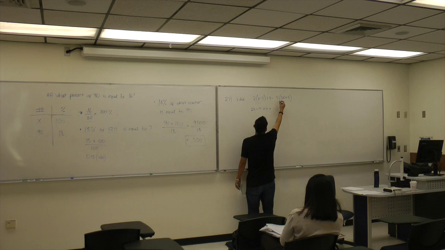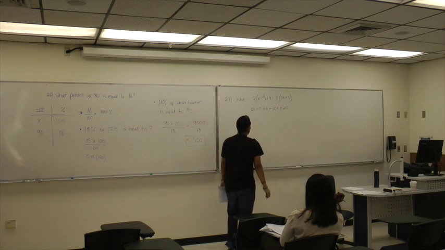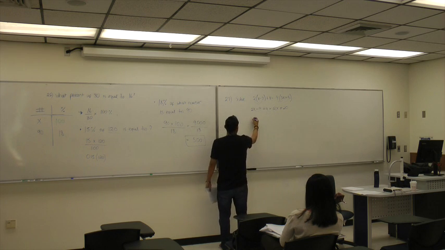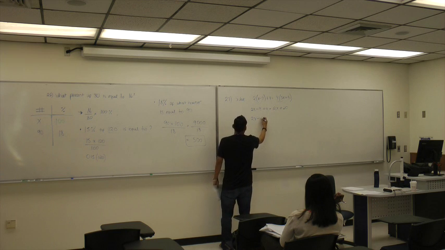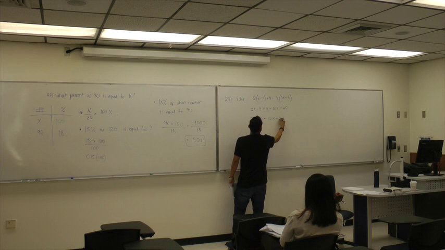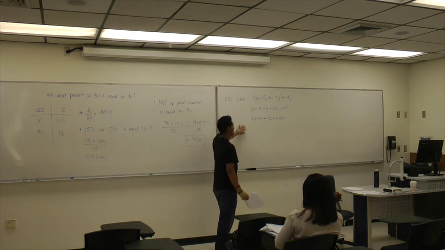We're going to distribute again: 4 times 3x is 12x, and 4 times 5 is positive 20, right? You can simplify the left side right away: negative 14 plus 4 is negative 10, equals 12x plus 20. Now you have variables and numbers.